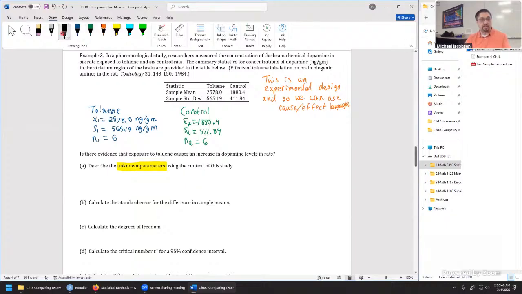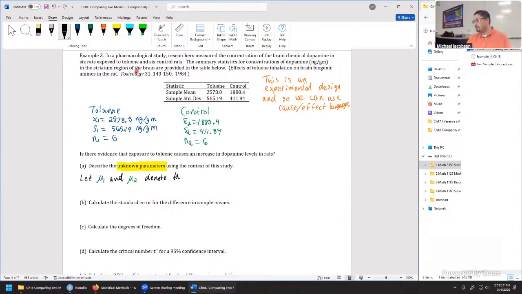Now here's how I would word this. Instead of writing out 2 sentences that could get kind of long, you can combine this together in this sort of way. Let mu1 and mu2 denote, instead of saying dopamine in the striatum region of the brain, I'll abbreviate it a little bit to say denote the dopamine. Let me start over.